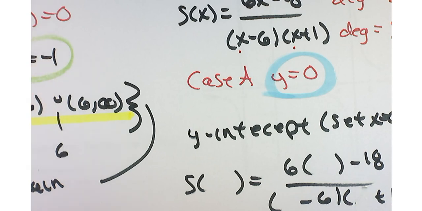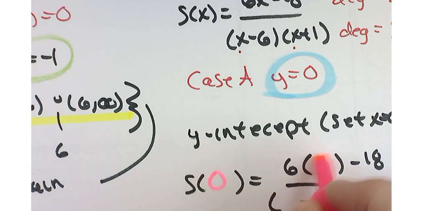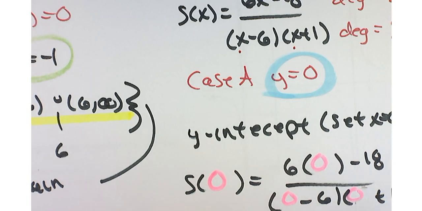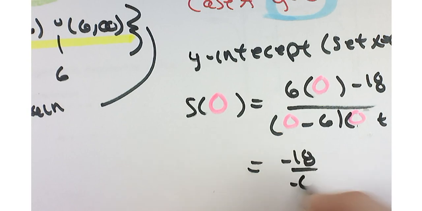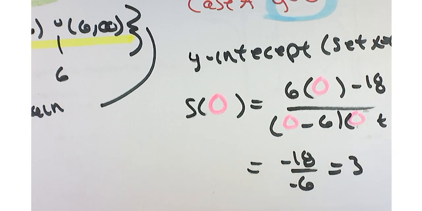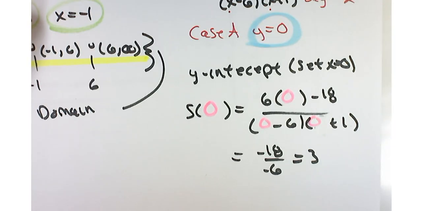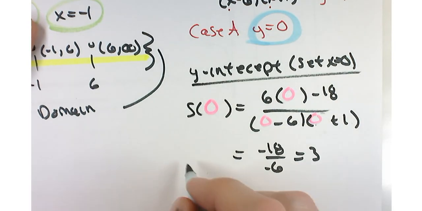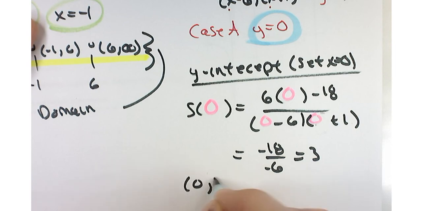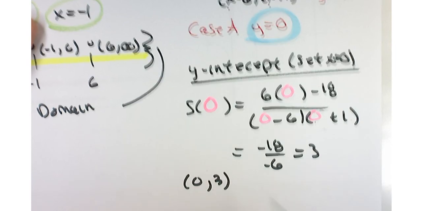So let's plug in a 0 for x. If you've already got this programmed into your calculator, that's fine. When you do all the arithmetic, you get -18 divided by -6, which is 3. So the graph should cross at 0, 3. So 0, 3 is your y-intercept.